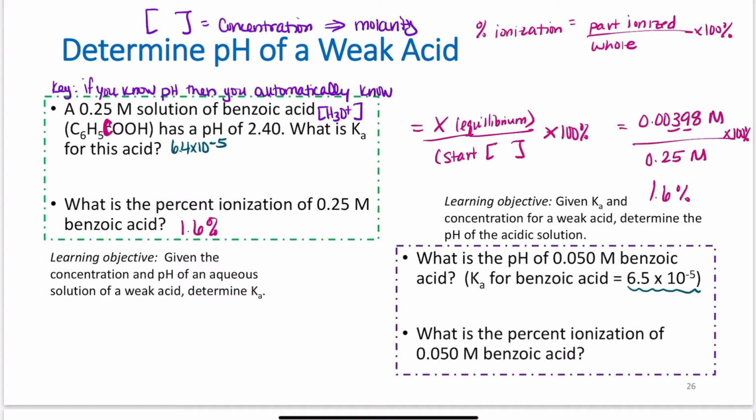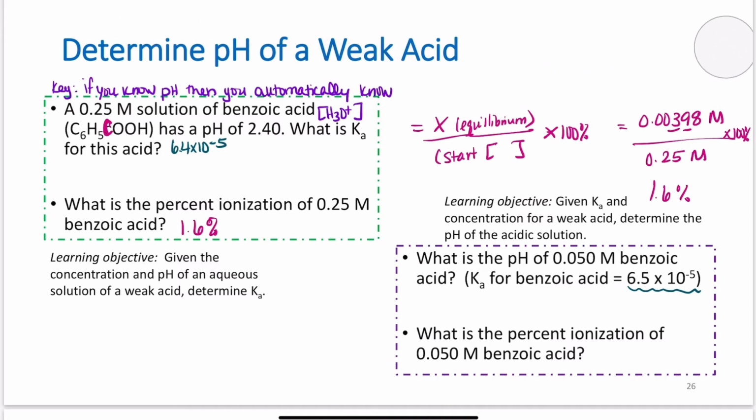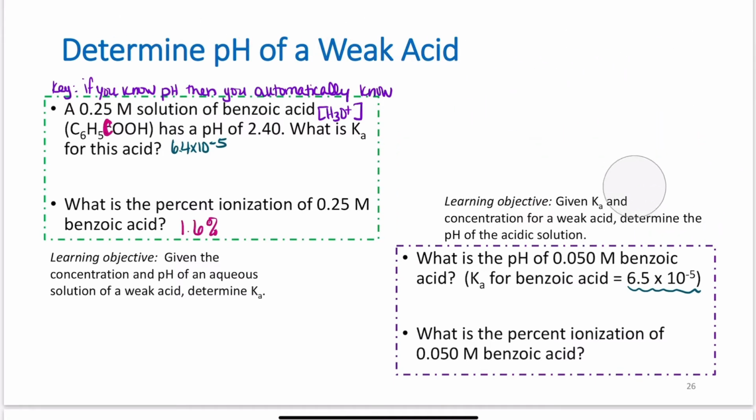Okay, what is the pH if I have a 0.05 molar benzoic acid solution? It tells me the Ka value. So instead of finding the Ka value, now I want to find the pH. Basically follow the same process that we just did. Set up your ice table. But this time we have a different concentration, 0.050 molar.